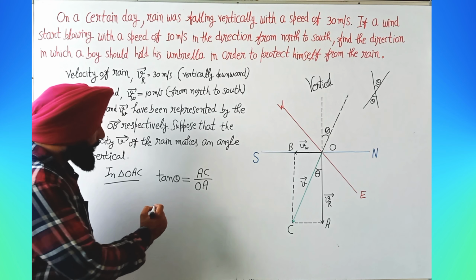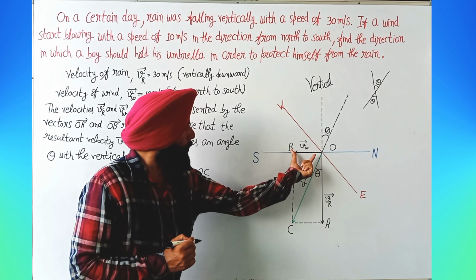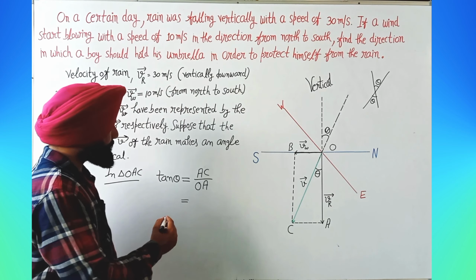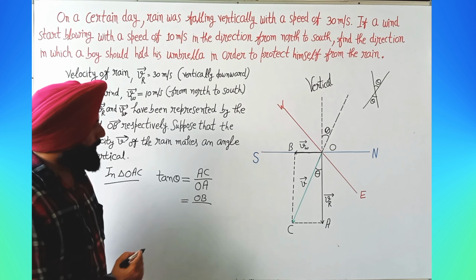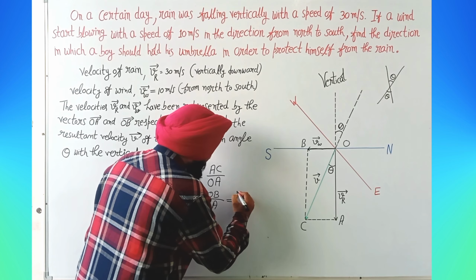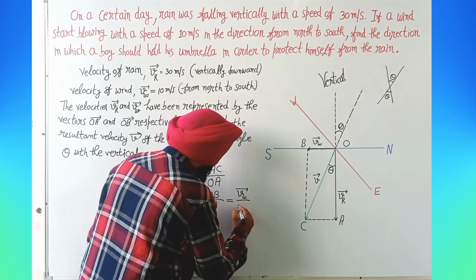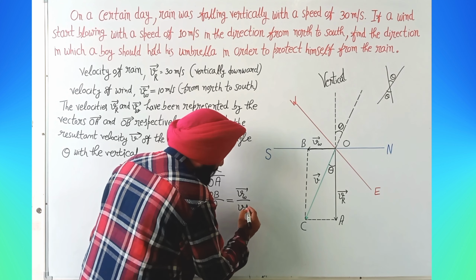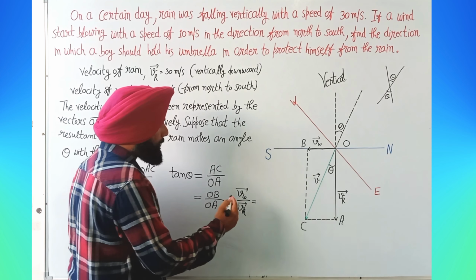Now AC equals OB. OB over OA means VW vector over VR vector, means VW over VR.